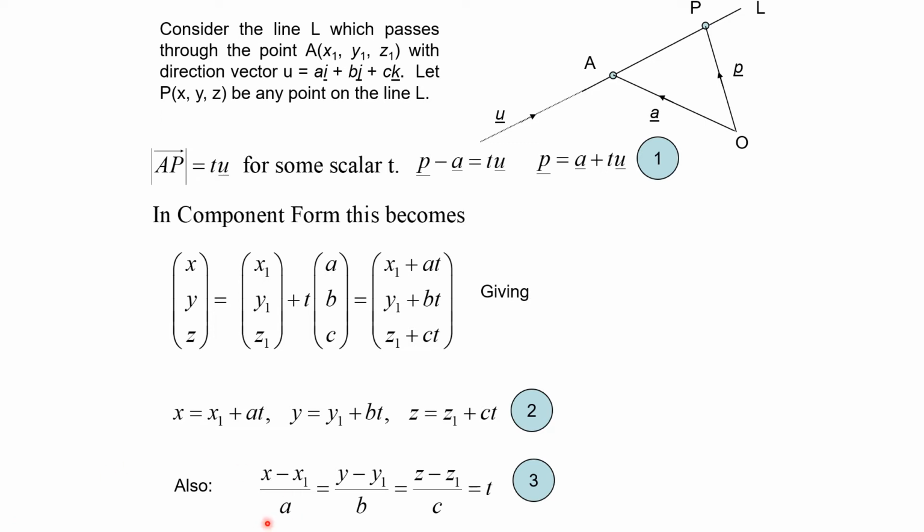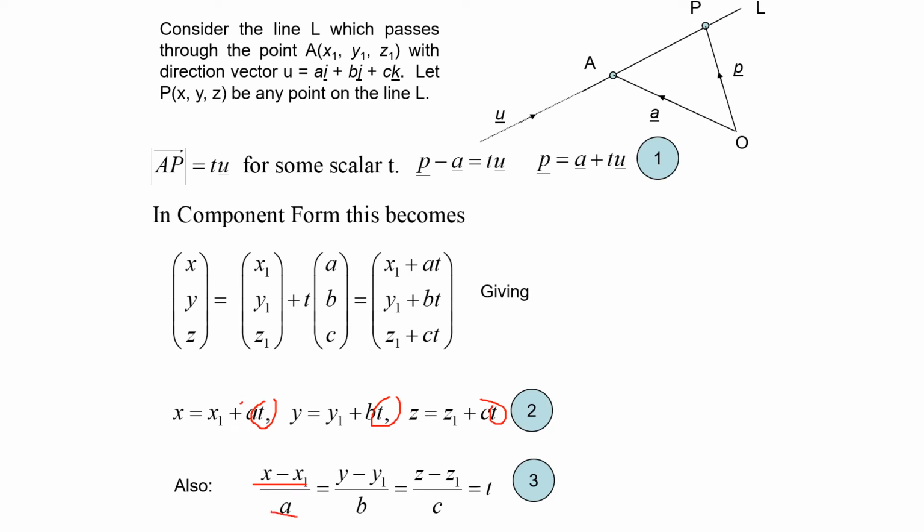The third equation is obtained by making t the subject of each of the equations in number 2. In order to make t the subject, you simply need to move around the unknowns. So t will simply be x minus x1 divided by a.